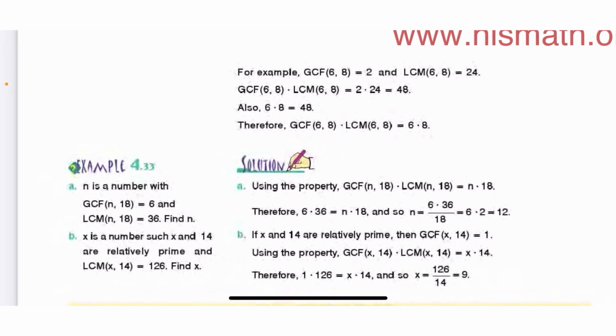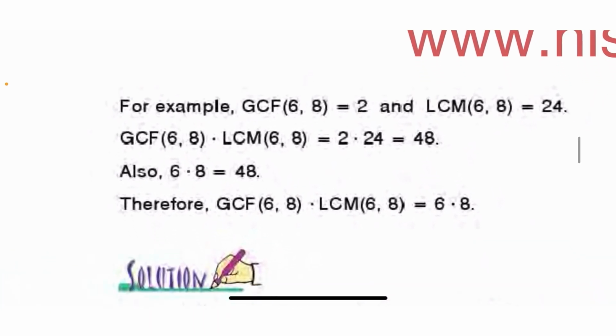For example, the GCF of 8 and 6 is 2, right? GCF, greatest common divisor. And the LCM is 24. So when we multiply the GCF by the LCM of 6 and 8, we get 2 times 24 equals 48. Also, as the property says, A and B: our A is 6 and our B is 8.